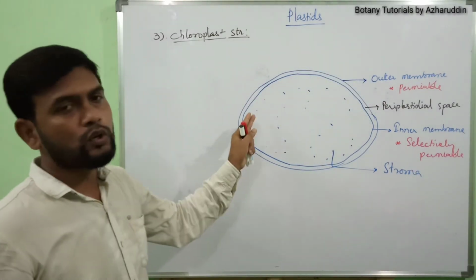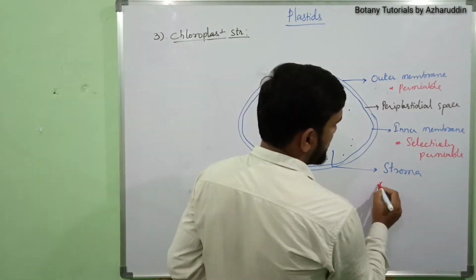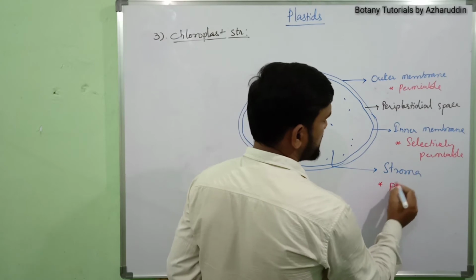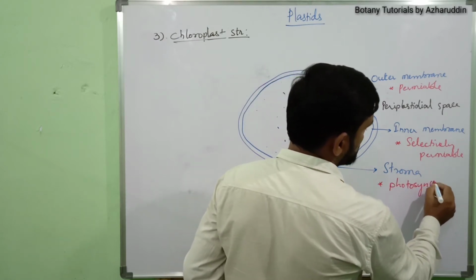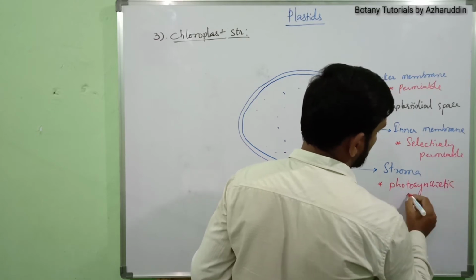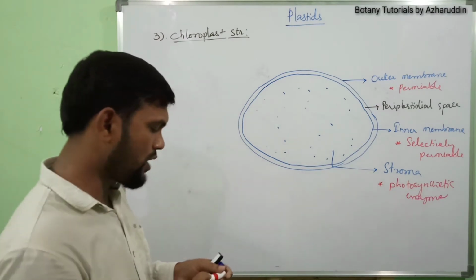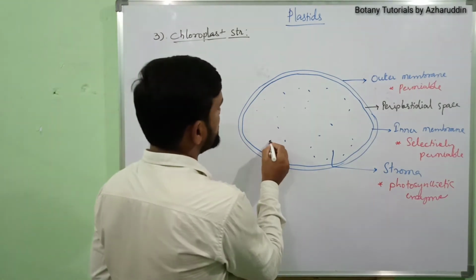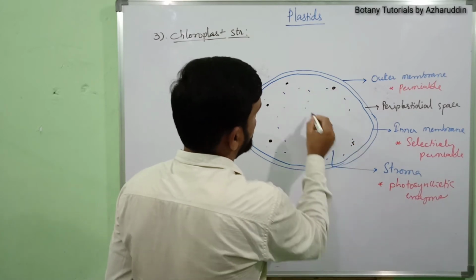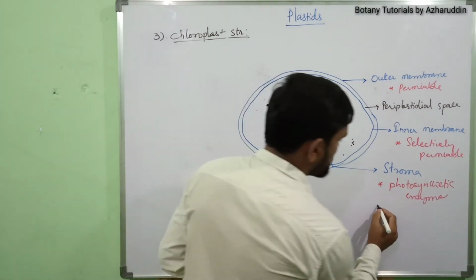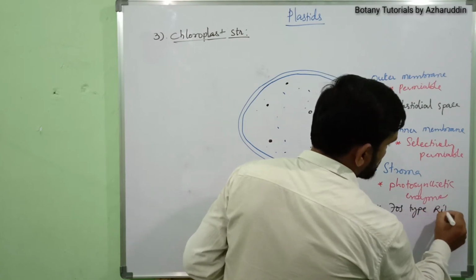The stroma of the chloroplast is filled with all photosynthetic enzymes. It also has 70S type ribosomes.